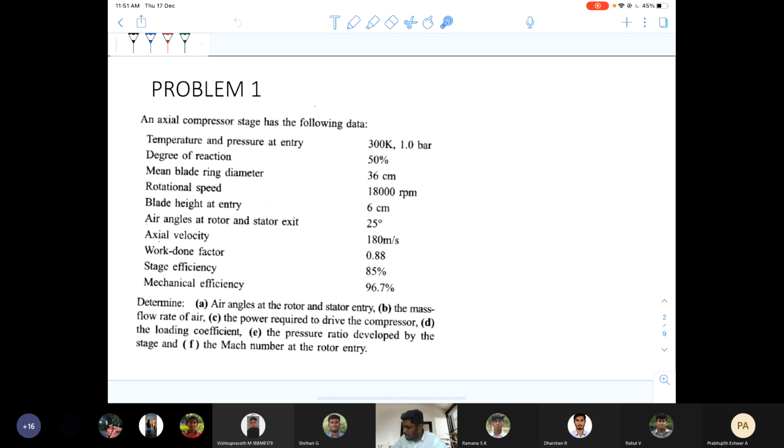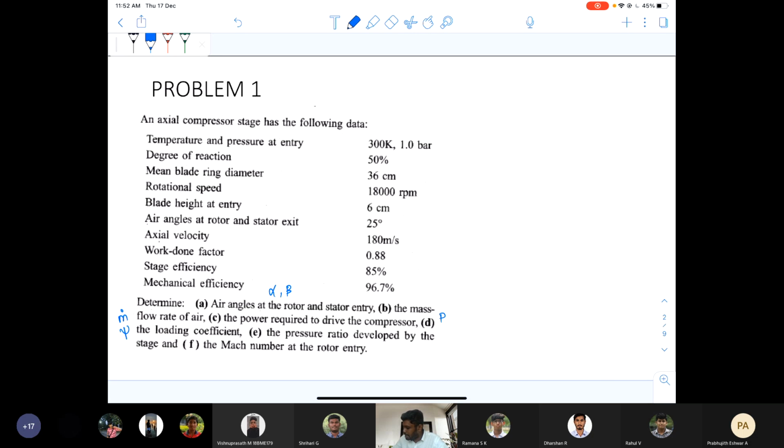Okay. The mass flow rate, that is, we need to find the value of m dot, and the value of alpha and beta. The power required to drive the compressor, where we should find the value of P, the power, and the loading coefficient, which is given by this side.